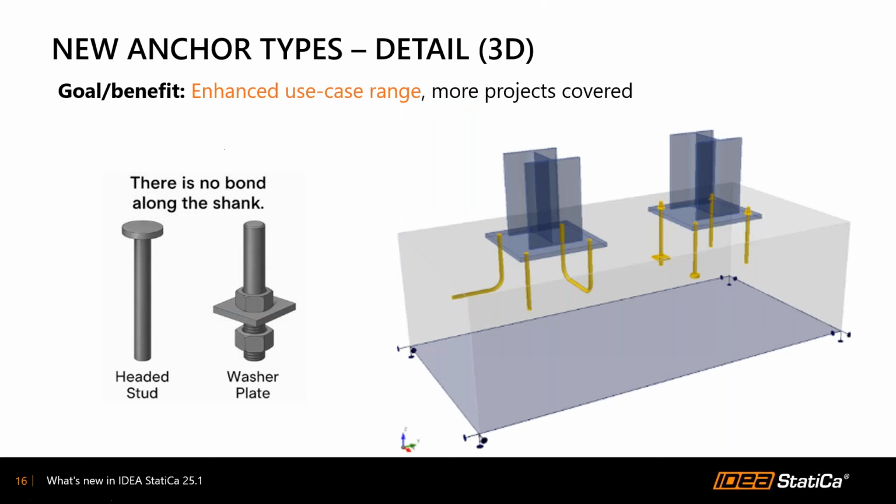Detail 3D now supports a full portfolio of anchors beyond adhesive and cast-in-place reinforcement. New options include cast-in anchors, as Dominik mentioned, like reinforcement, washer plates, and headed studs, ends of the anchors, and post-installed anchors as reinforcement and threaded rods, with correct code-based checks, material libraries, and safety strength factors. It's very important to emphasize that engineers can model real anchoring scenarios without workarounds.